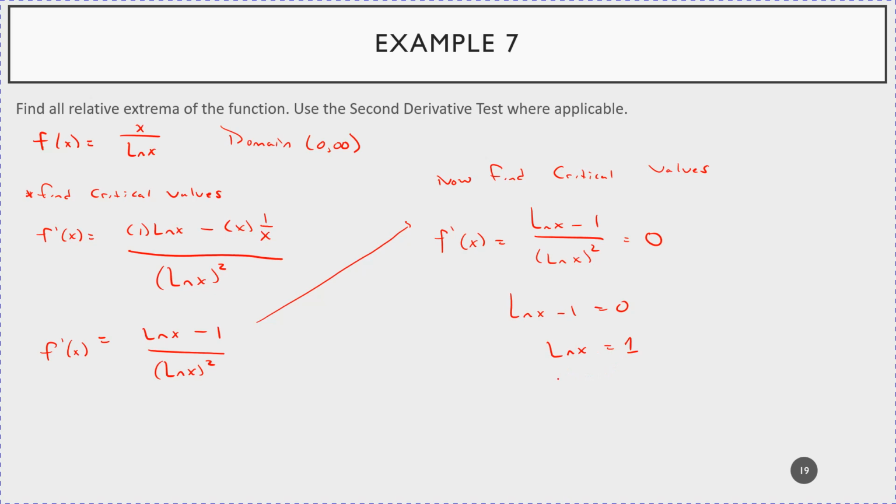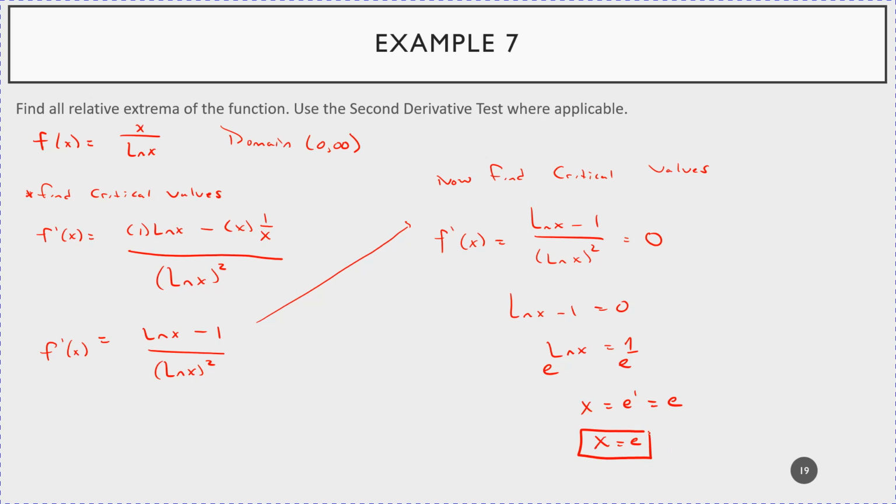Then, knowing our rules of logs and exponentials, I'm going to take e and raise it to each side of the equation. The e and the ln will cancel, and you'll just see that x is equal to e to the first power, which is just e. So x is equal to e. This right here is my critical value.